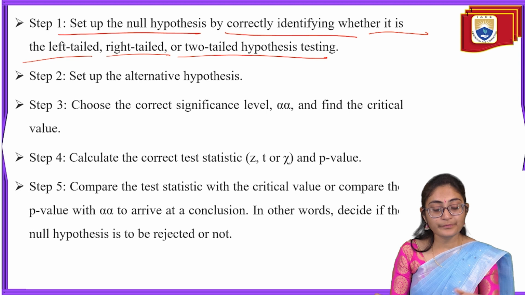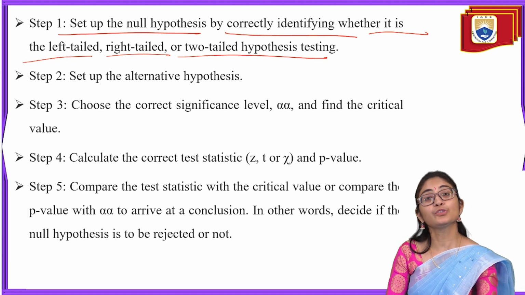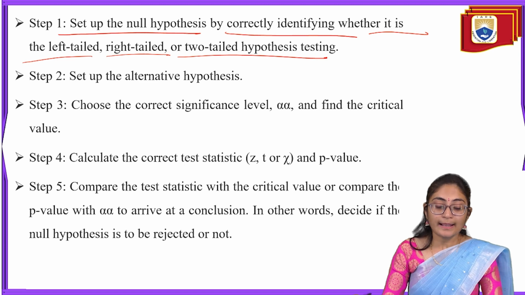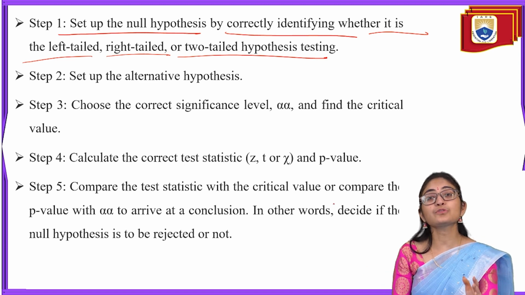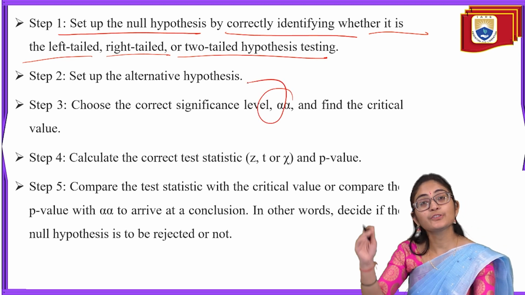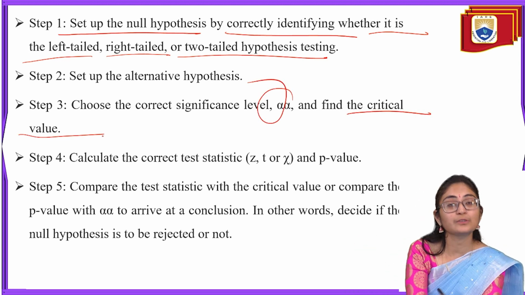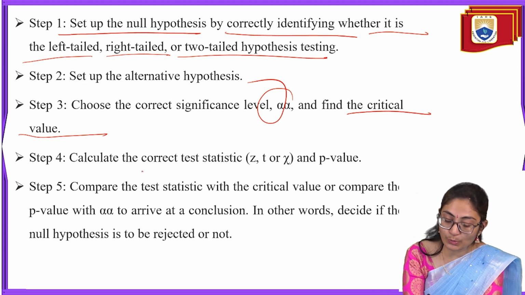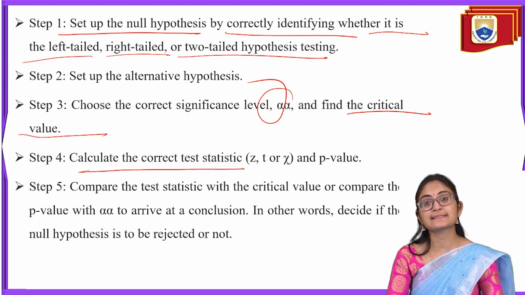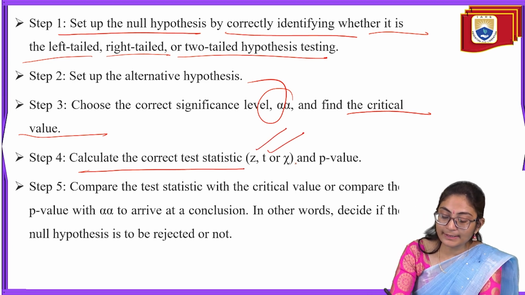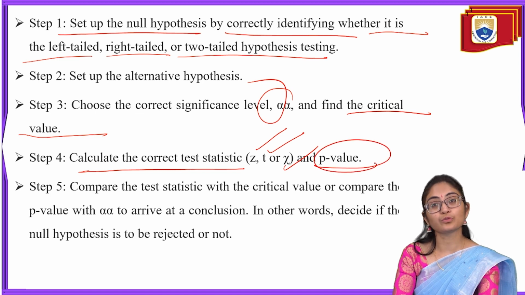After that, you have to set up the alternative hypothesis. Then in the third step, you have to choose the correct significance level, that means alpha, and find the critical value for your test. After getting the critical value, you have to calculate the correct test statistic, Z, T or X, and the P value also.